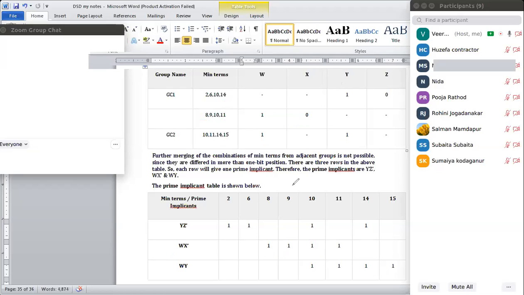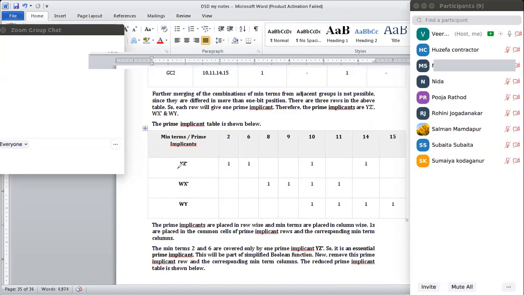Now out of this, I need to find. I will take only the first row. Here, what are present? 2 and 6, 10 and 14. Out of this, which are essential prime implicants?